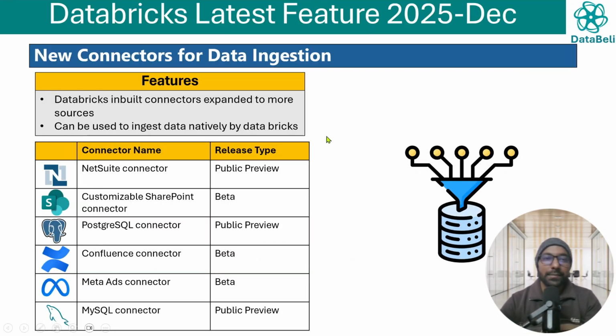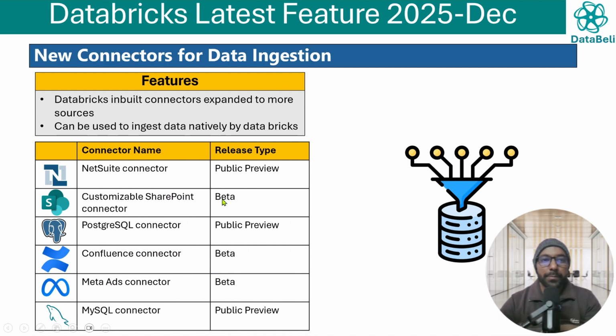Moving on to the next feature, it is the new connectors for data ingestion. So Databricks provides inbuilt connectors that can be used for ingesting data from various sources, and it has a limited set of sources as of now, and Databricks is working very fast to add more sources. So in the month of December, these are the new sources that they have released, or they have increased their release type.